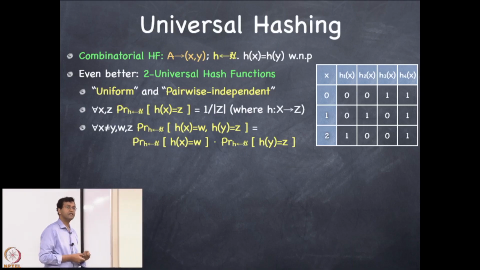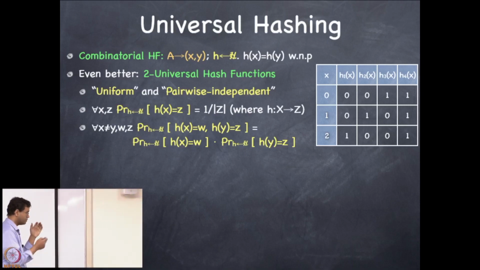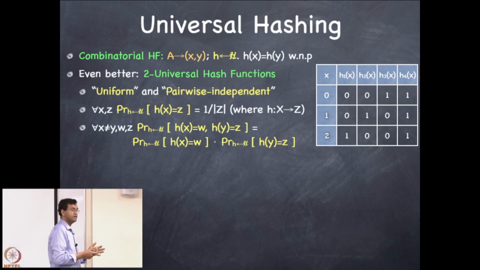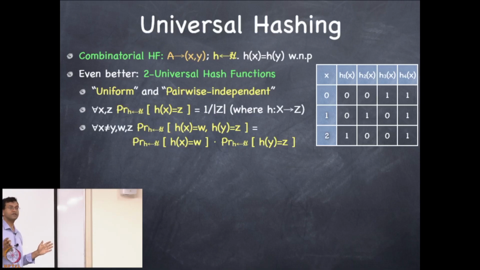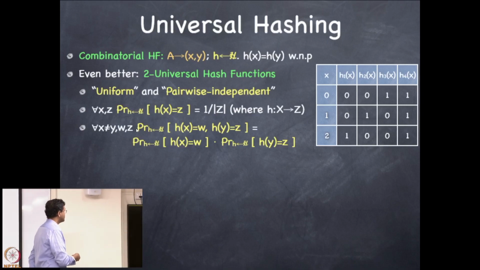Another way to say that is, if you look at the pair h of x comma h of y, that is uniformly random over pairs of values. So these are the pairs of values of output w and z. And we are saying for any w and z, the probability that both h of x equals w and h of y equals z happen will be exactly 1 by Z square.